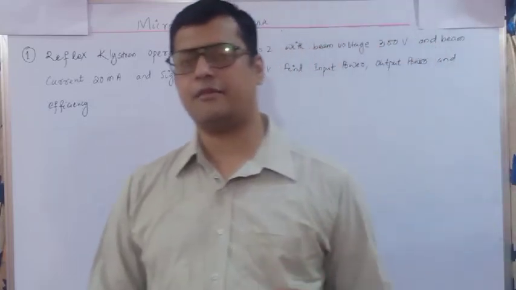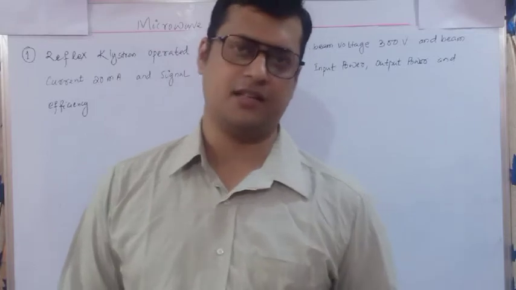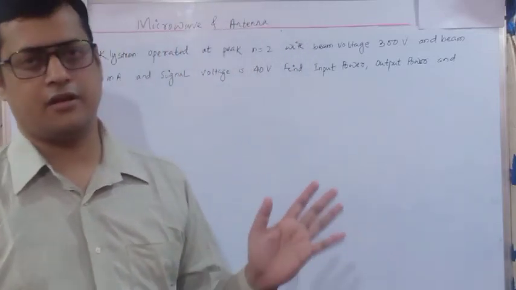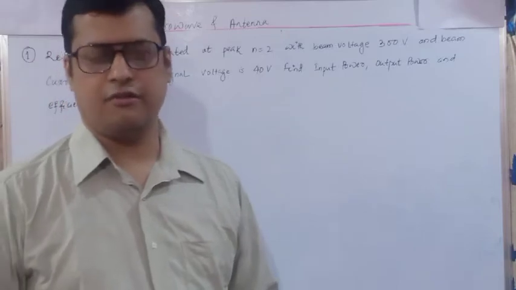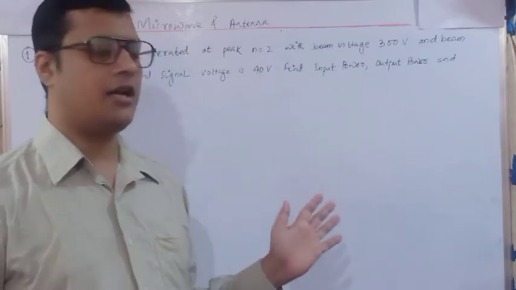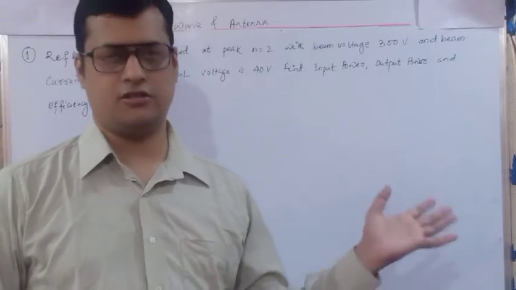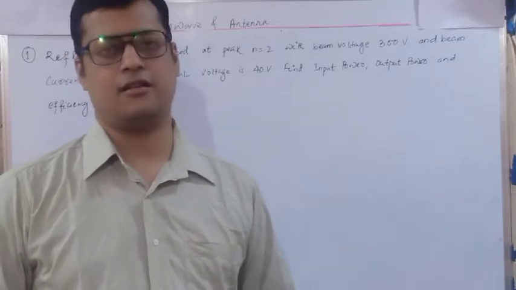Sometimes transit time calculation is also asked, and the total time period for a bunching of electrons, and how to calculate bunching parameters, what the factors are. Those things we will discuss in today's session.